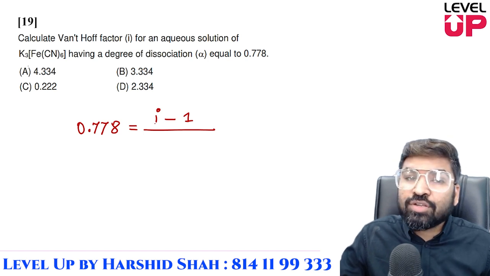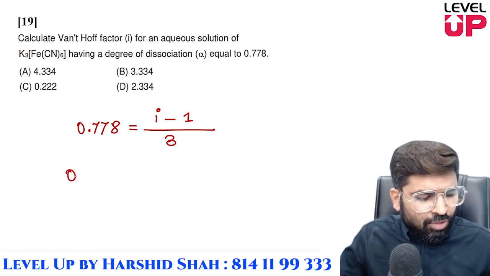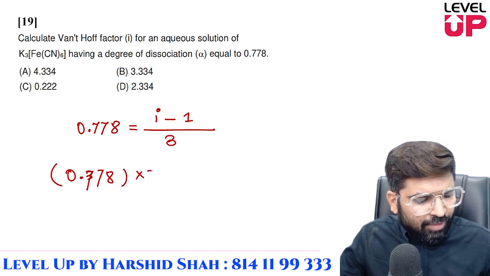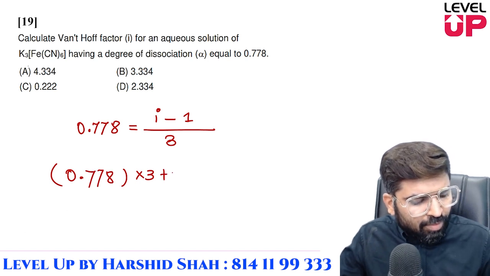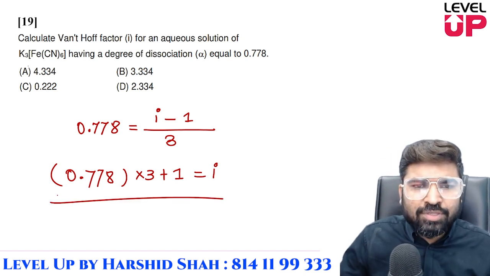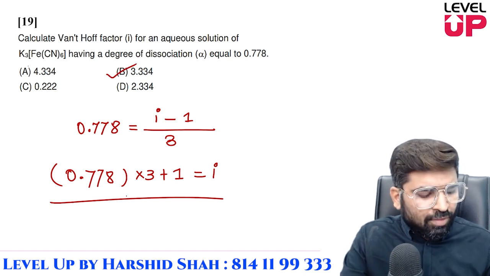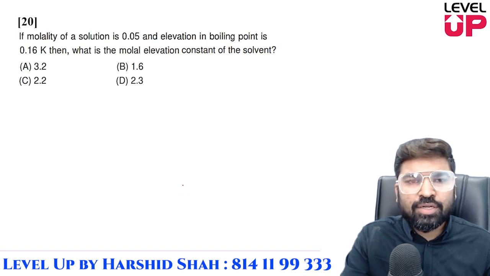See, in K3Fe(CN)6 you will have 4 particles, so multiply by 3 here. 0.778 multiply by 3 plus 1 is going to be your i value. So it will be around 3, slightly more than 3, 3.334 will be your answer. This is definitely close to 2.4 plus 1, so an answer close to 3.4.